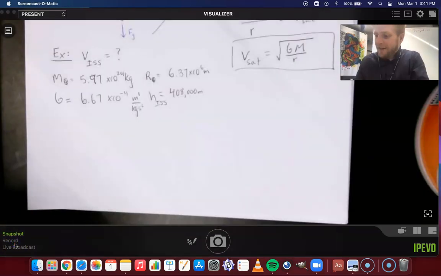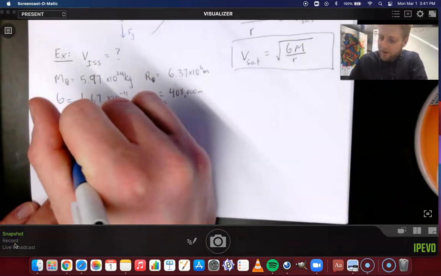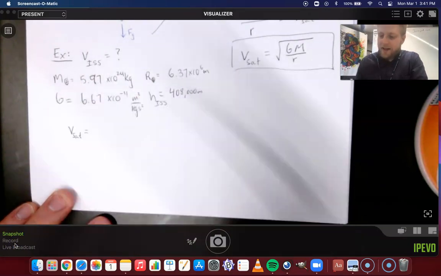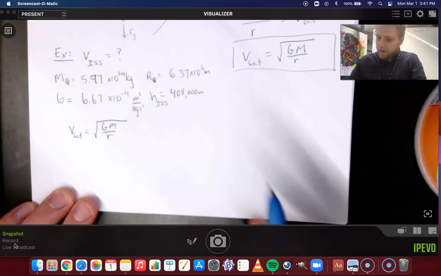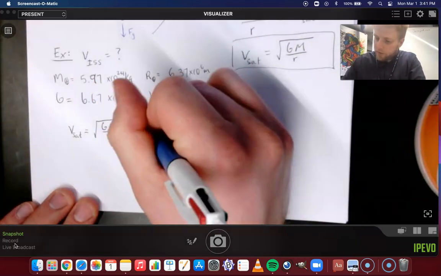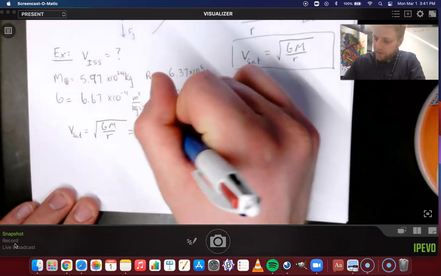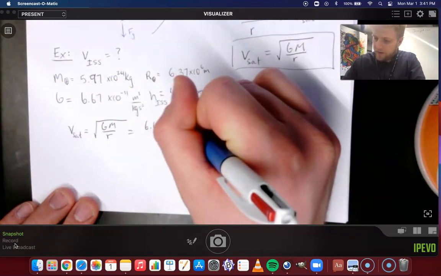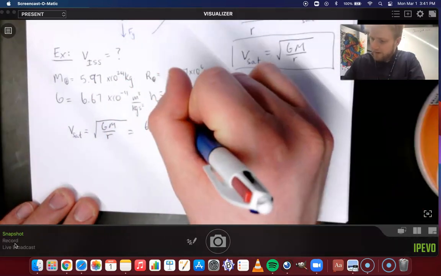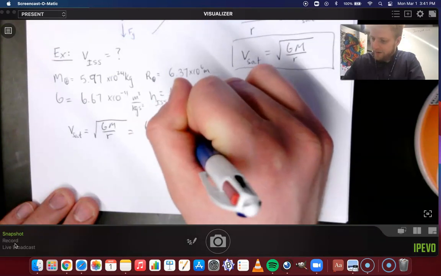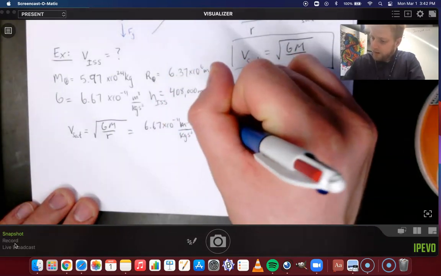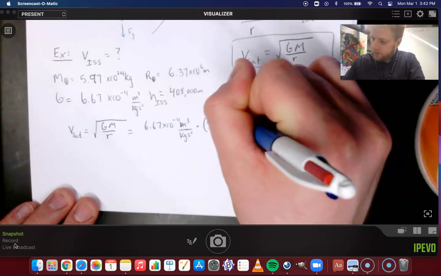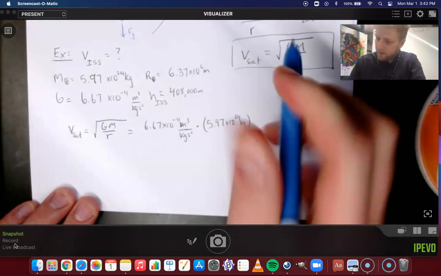So with all of that, let's go ahead and actually use our equation. The speed of a satellite is the square root of big G m over r. So we'll just plug that in: 6.67 times 10 to the minus 11 meters cubed divided by kilograms seconds squared, times the mass of the Earth, 5.97 times 10 to the 24 kilograms, all on top.